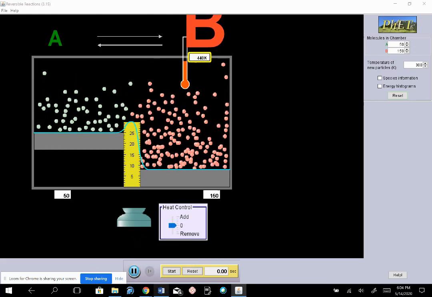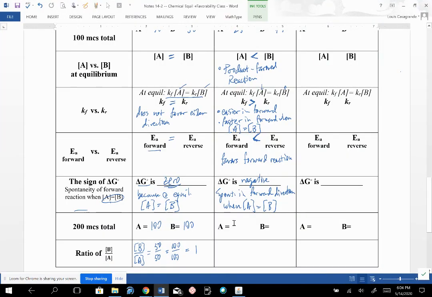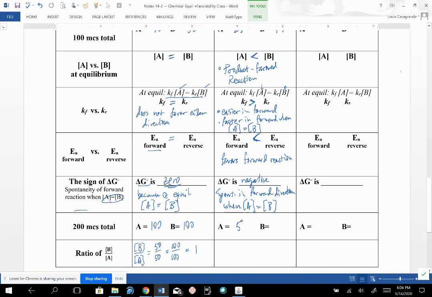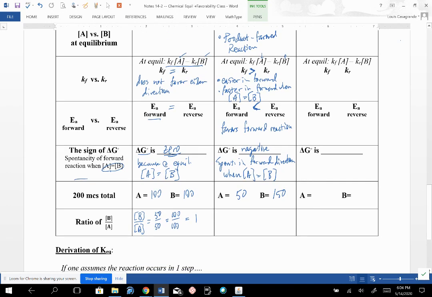So let's go and write that in. We have 50 A and 150 B. Now, we're going to write this ratio again. And this ratio, if this whole process works properly, shouldn't depend on the initial amounts.